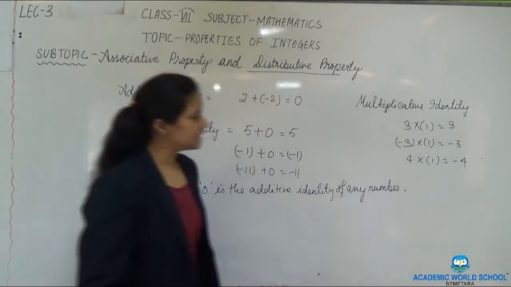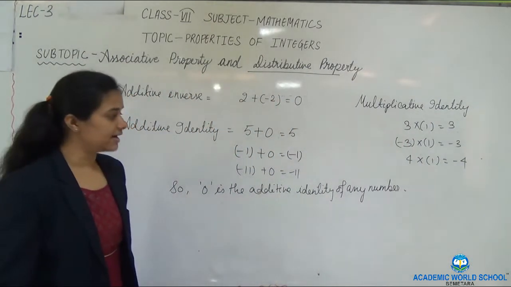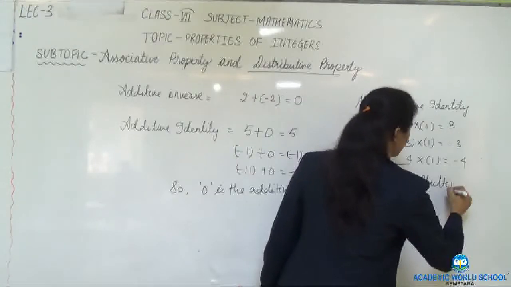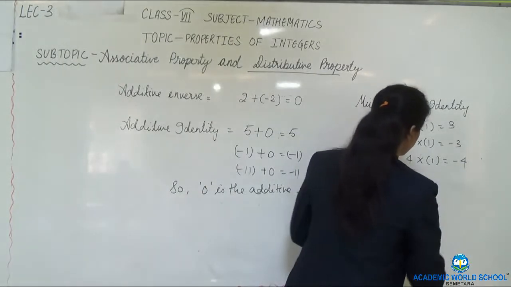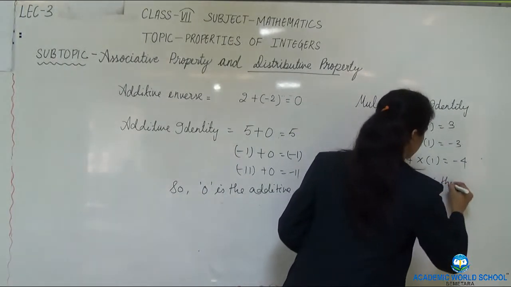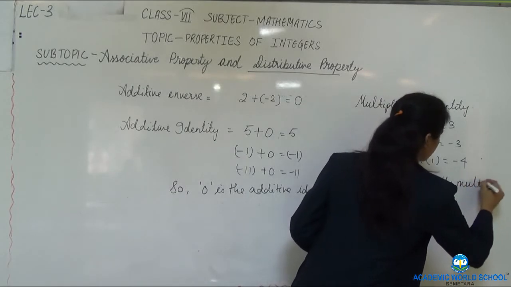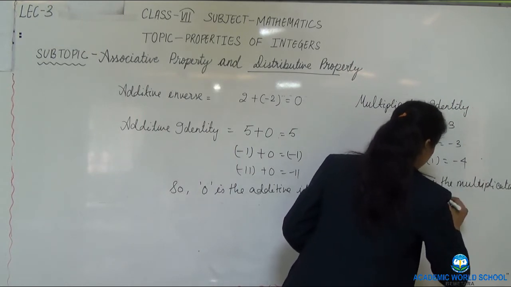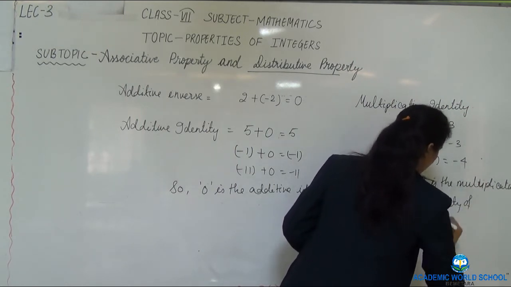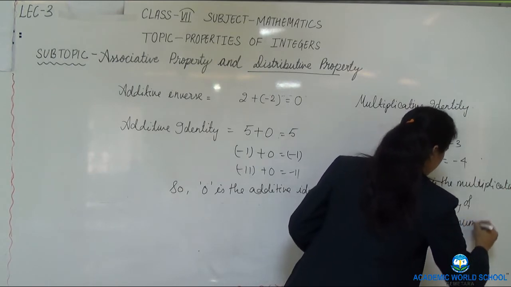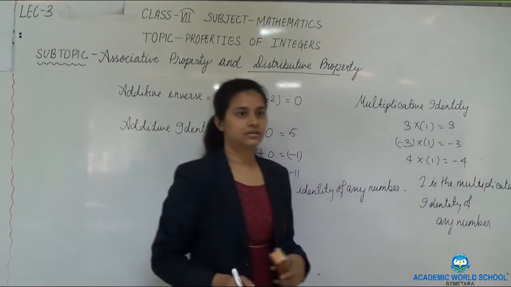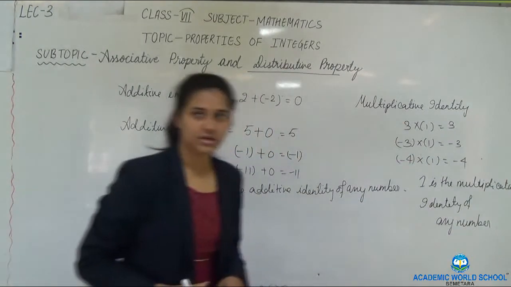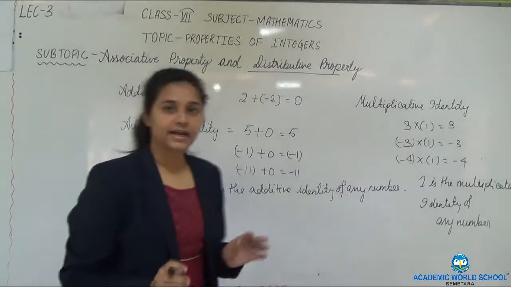So I can say that 1 is the multiplicative identity of any number. So I write here 1 is the multiplicative identity of any number.